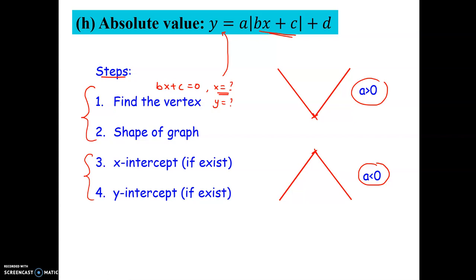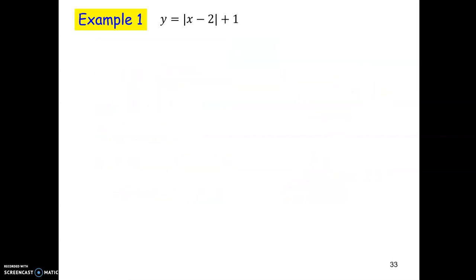Okay, so let us go to the first example. We have y equal to the modulus of x minus 2, plus 1. To find the vertex, the thing inside the modulus should be equal to 0. x minus 2 equal to 0, x is equal to 2.